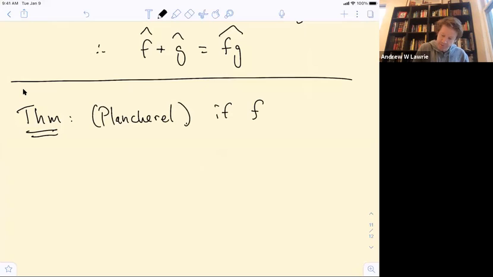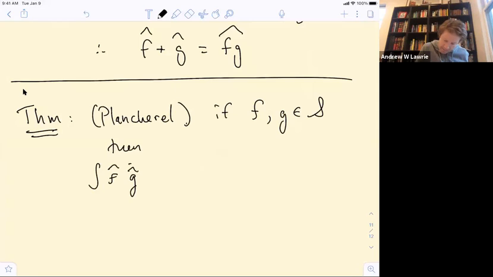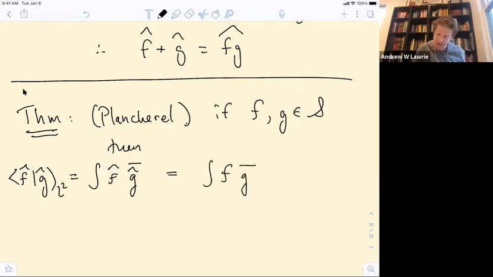Plancherel. First we're going to discuss this for Schwartz functions, and then we're going to use this to extend the Fourier transform to L2 functions. So if f and g are Schwartz, then the L2 inner product of f hat and g hat is equal to the inner product of f and g.